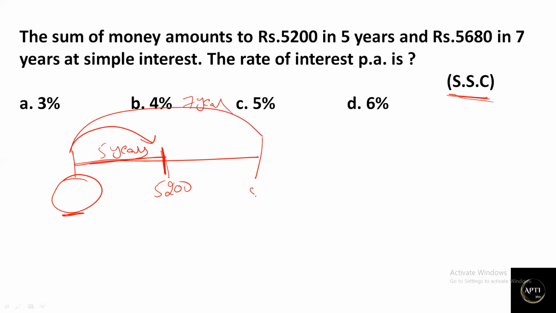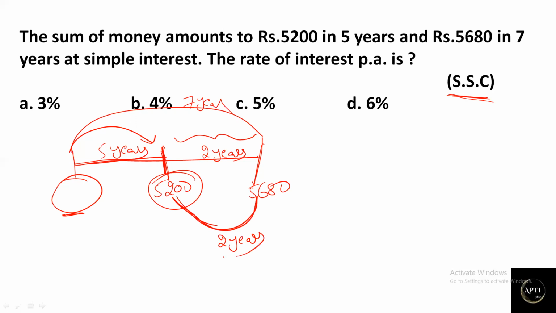Now what is that amount? 5,680. From this point to this point, can I say that it is 2 years? From the start to 5 years, the amount is 5,200, and from 5,200 to 5,680, the time span is 2 years.